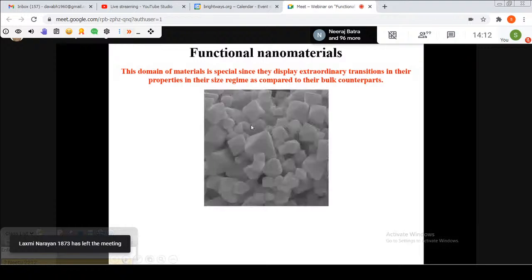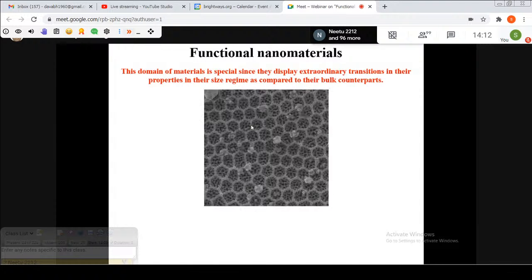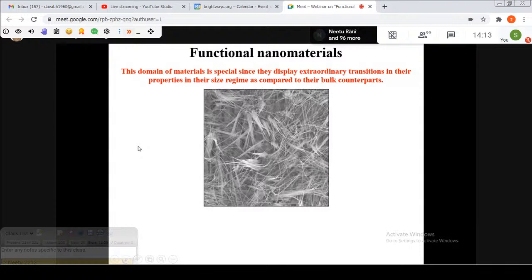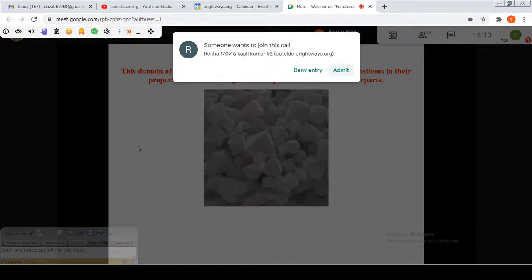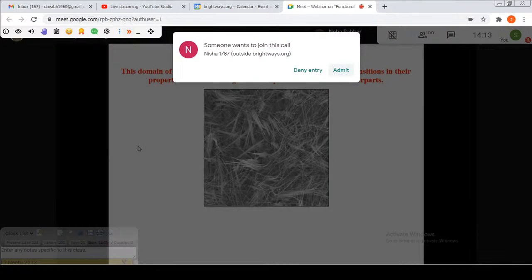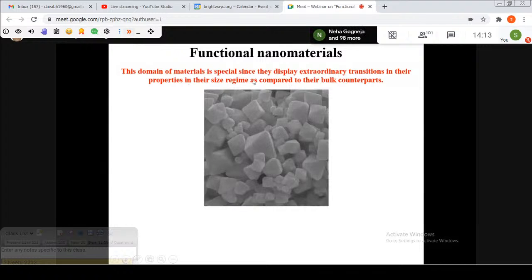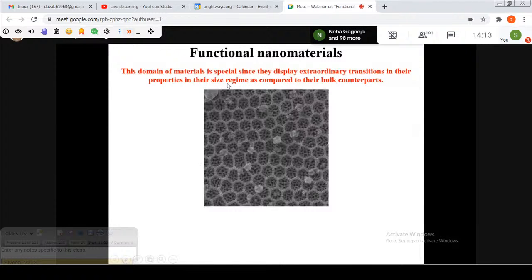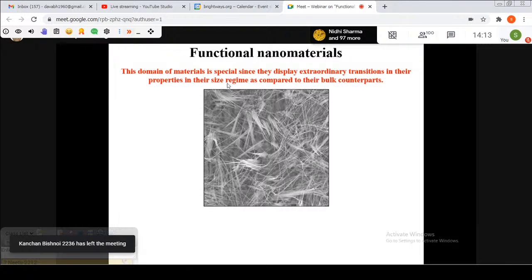So generally a class of materials which are specified based on, or we can say like they have some extraordinary properties, but that is based on their size. There is a fixed size regime. That is not the bulk, but as compared to the bulk, they show some extraordinary properties, we can say.